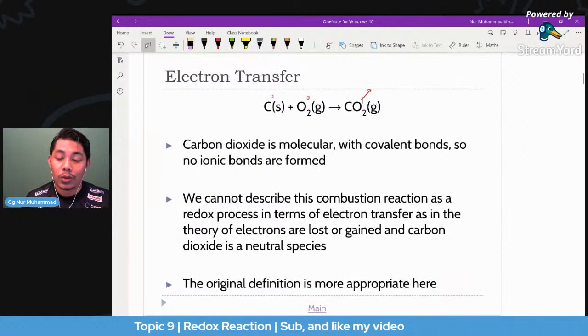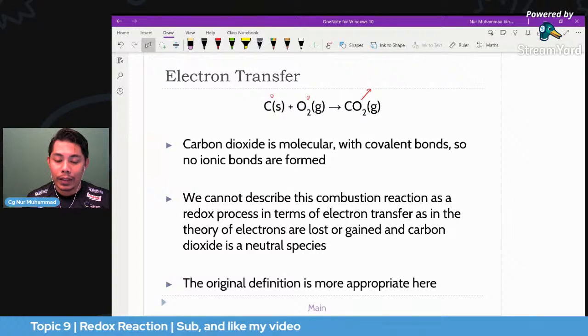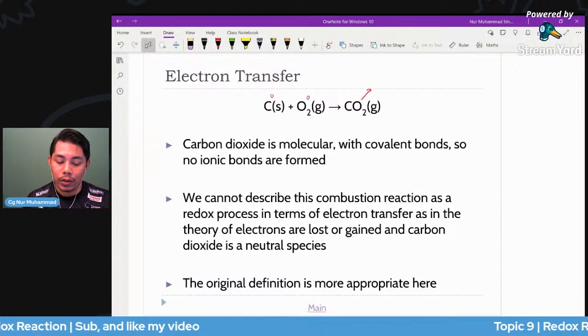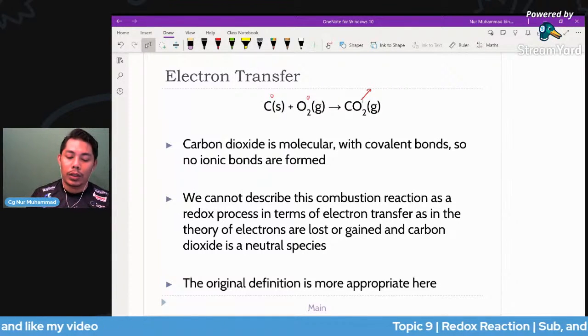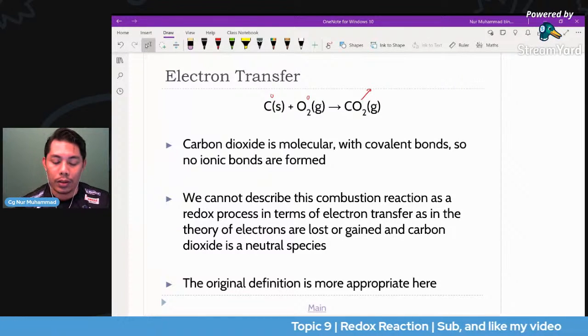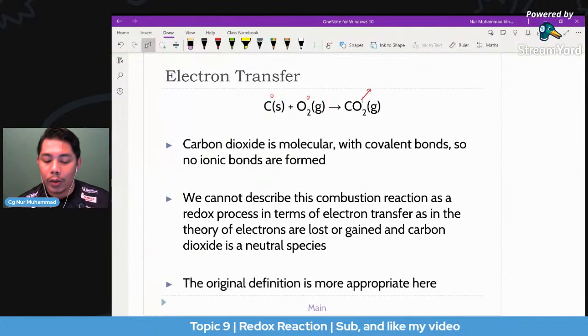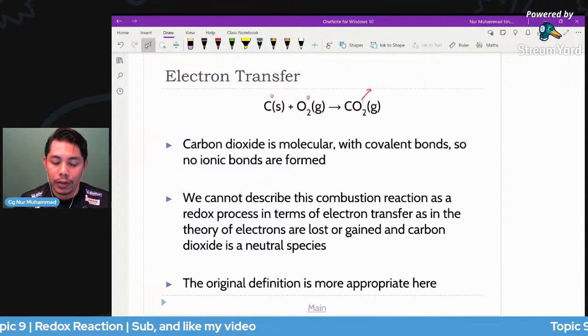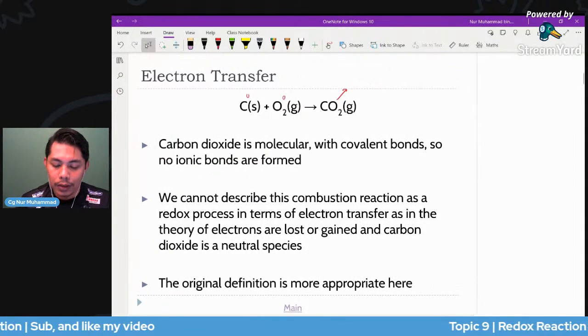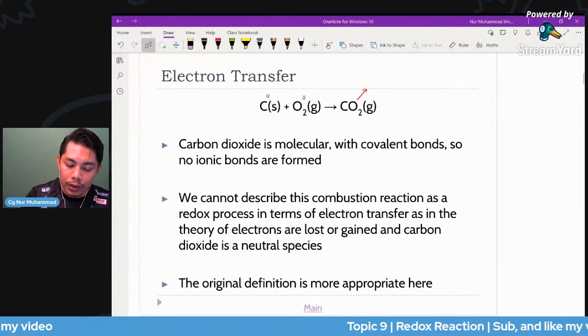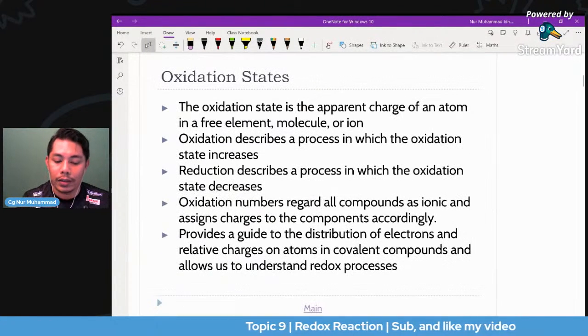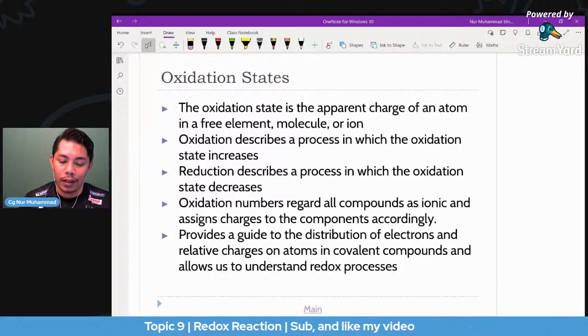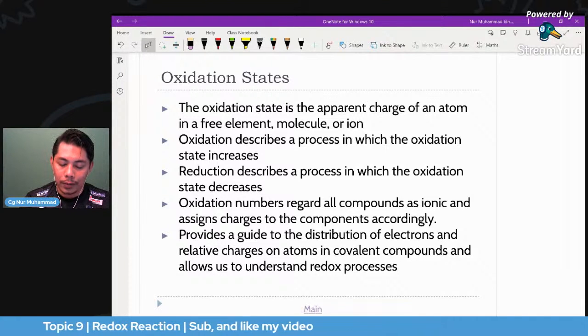Tapi kalau untuk salt, okay, salt. Okay, any salt is aqueous solution, so suitable lah to identify the redox reaction based on transfer of electron. Okay, the question is if the compound is covalent compound, okay, it is more suitable, okay, to differentiate based on oxidation state. Okay, based on oxidation state.